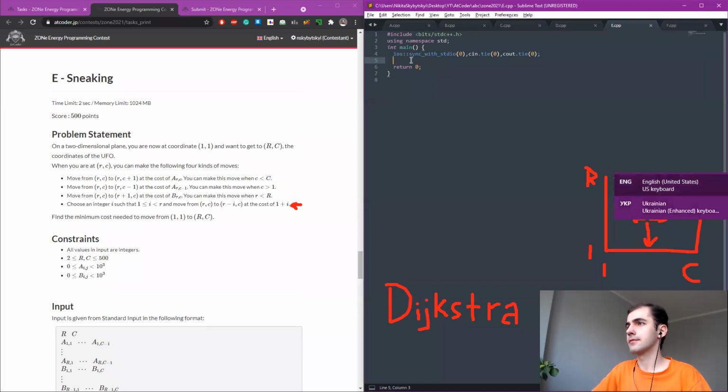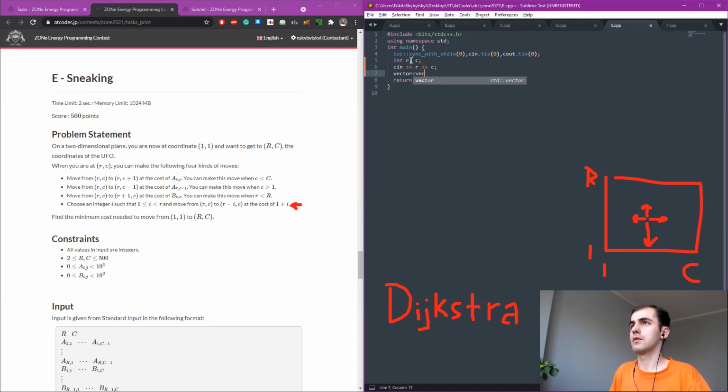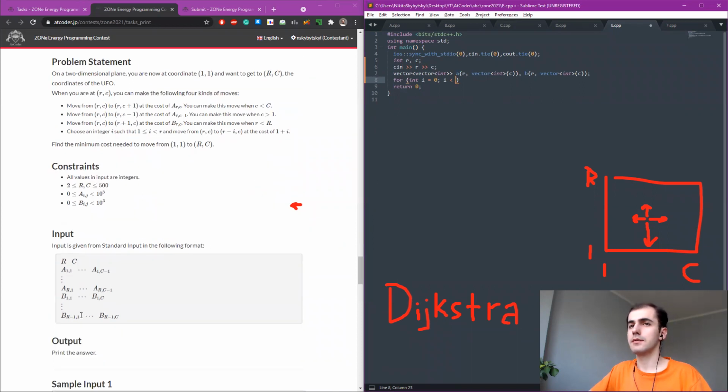So, got to do it at some point. Matrix B is one shorter.